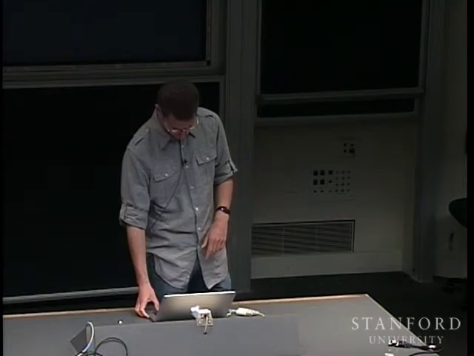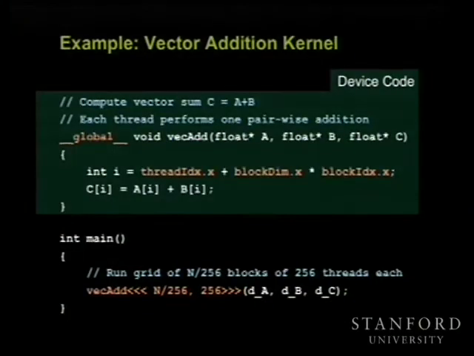All right. So let's go back to the example that Jared was showing in the first lecture. Here, you just want to add two big arrays, A and B. He already mentioned the syntax, but let me go over it again.